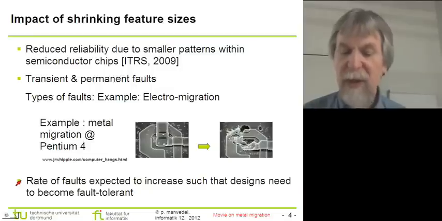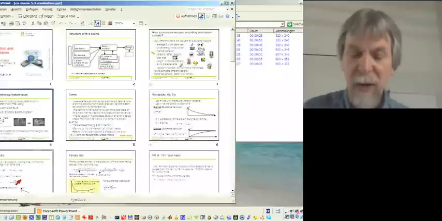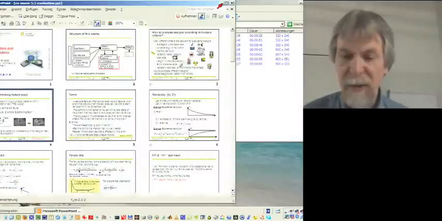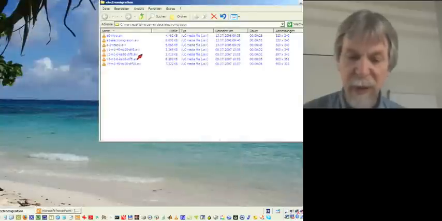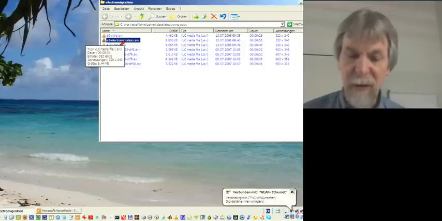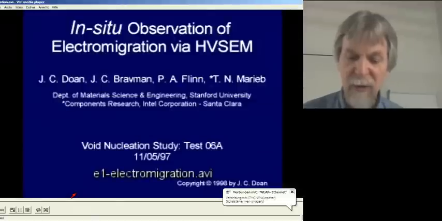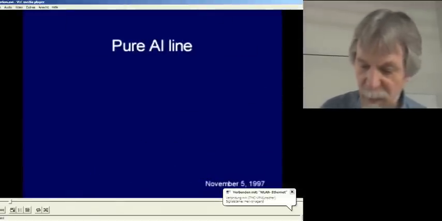There are many examples of movies that demonstrate how, for example, metal migration is occurring in a circuit. You might look around on the internet to find the corresponding movies. I'm just showing the initial image for one of the movies.